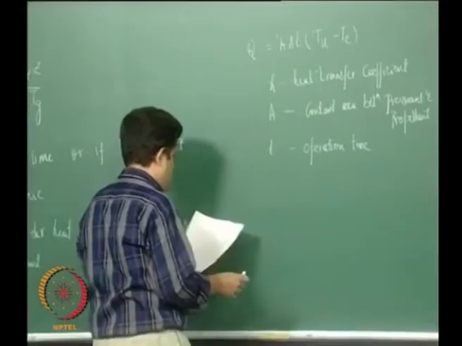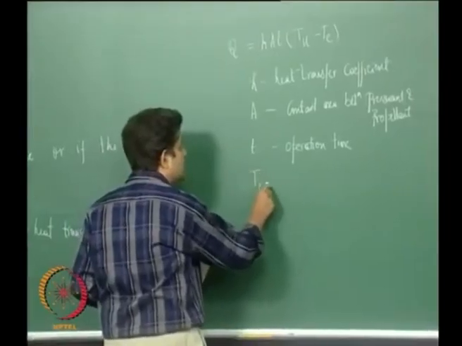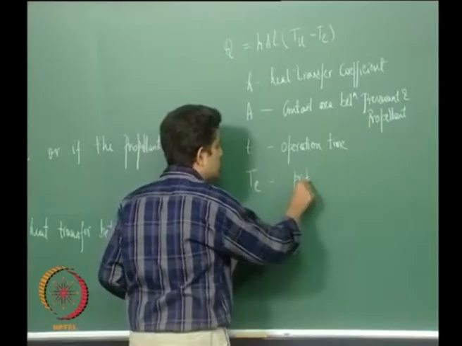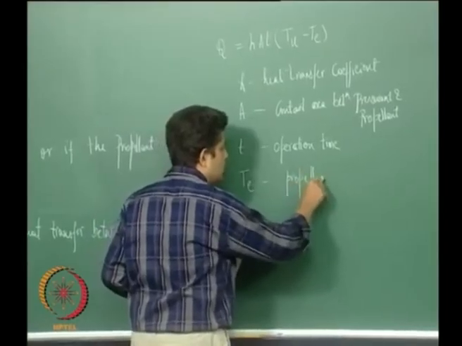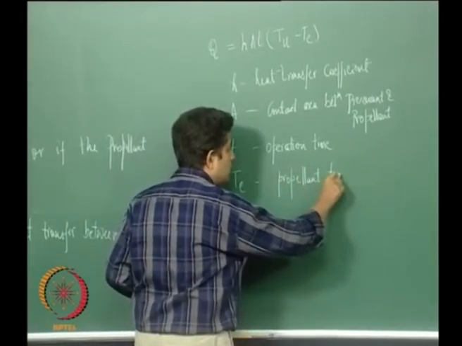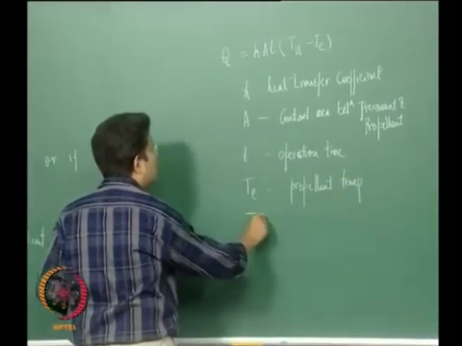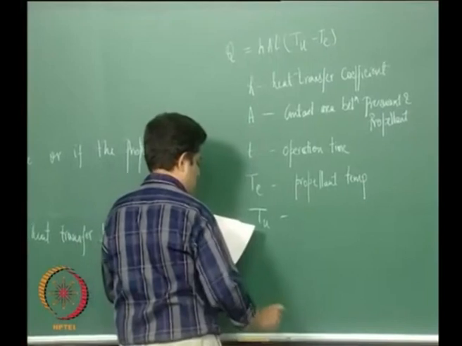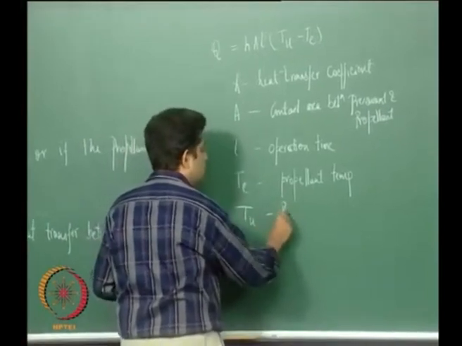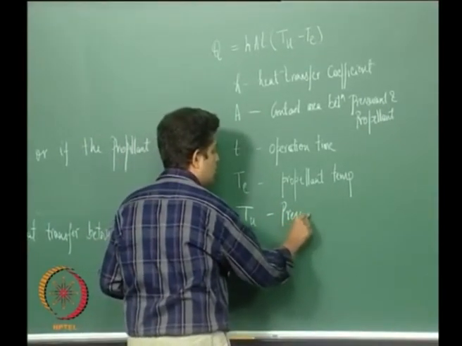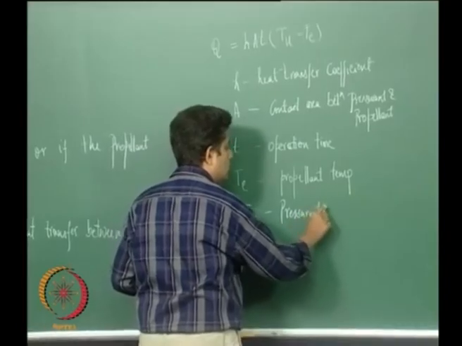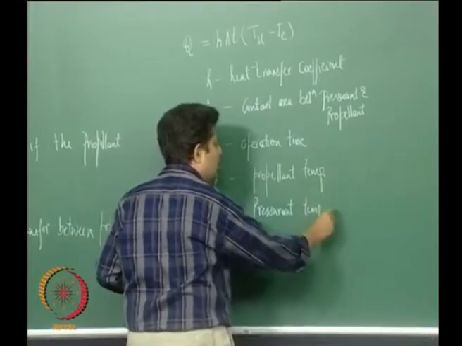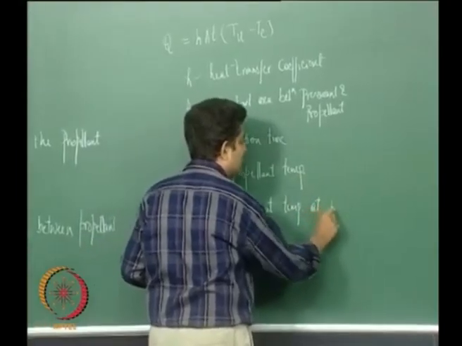and TE is the propellant temperature, and TU is the pressure and temperature at the end of expansion.